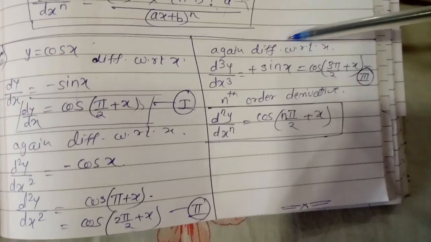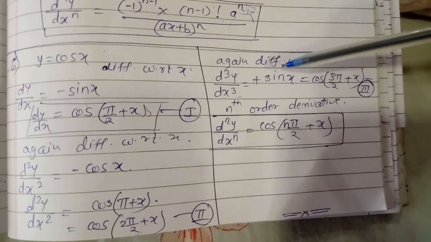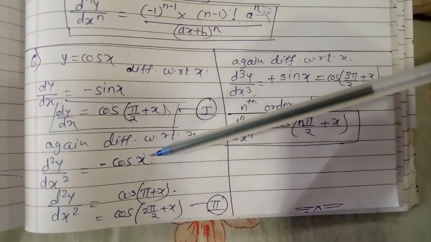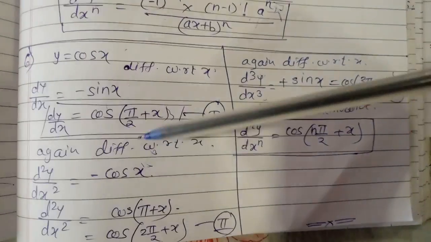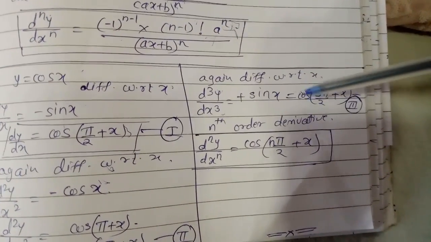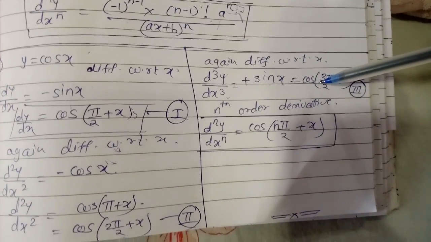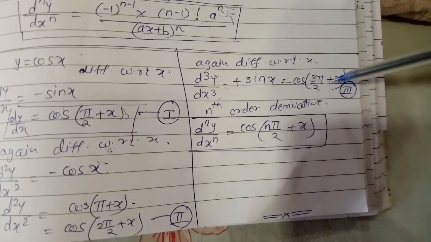Now again differentiating with respect to x, we get here d3y by dx cubed is equal to, now we have to find the derivative of this cos. So the minus sign is as it is, and since the derivative of cos is minus sin, this minus minus becomes plus sin x. So we will write this also in the form of cos. So cos(3 pi by 2 plus x). We studied all this in trigonometric functions. So here we have to find the nth order derivative. So d^n y upon dx^n is equal to cos. Just as here the order was 3 so we wrote 3 pi by 2, similarly here we will write n pi by 2 plus x.